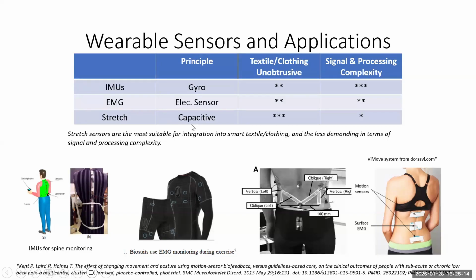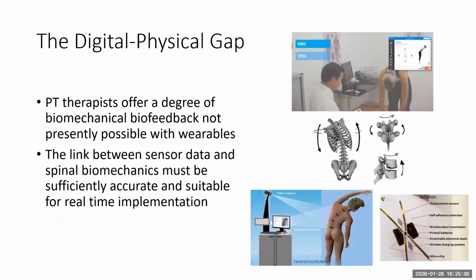But they are surface sensors, right? So we're going to talk about that in some detail. There are some illustrations of the three sensors, the stretch sensors, the EMGs, and the IMUs. In all these categories, you find quite a number of models and approaches.